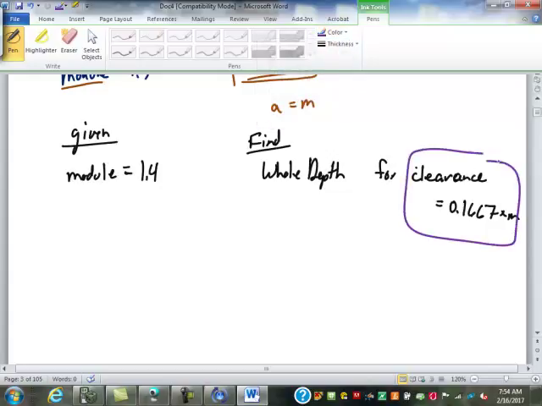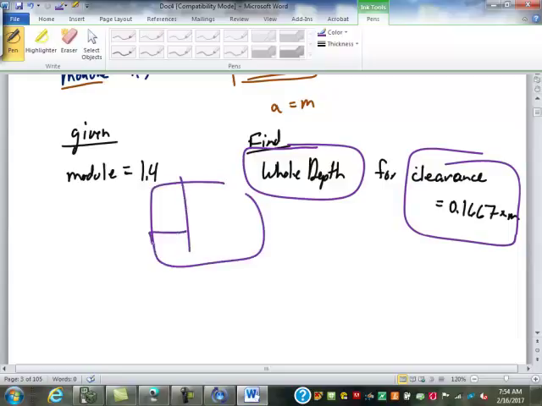I'll go over what this means in just a second, but what are we looking for in the left column of that table now? What are we trying to find here? The whole depth. So in the left column of that table, we're going to go down until we find whole depth. So we find the whole depth. We look across.